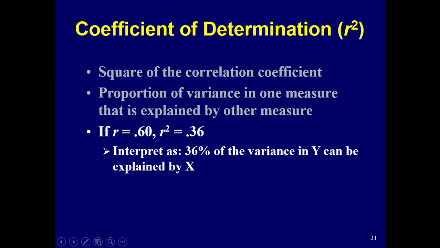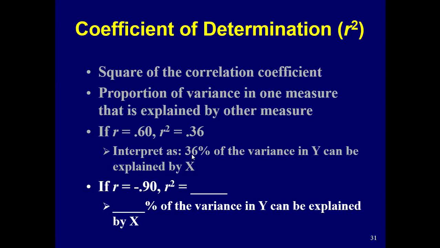So there's a lot of variability in our outcome variable. Wouldn't it be great if we could explain a large percent of the variability in that outcome or y variable by our x variable? So that's the concept of the coefficient of determination. It deals with what we call the explained variance.